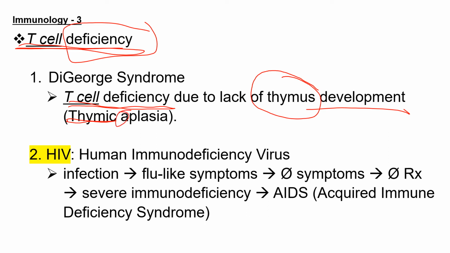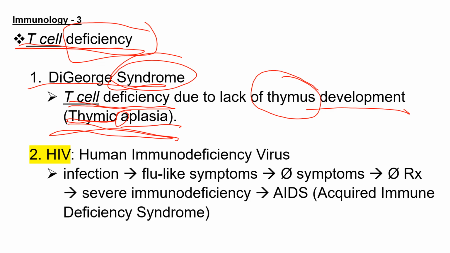If there is aplasia, that means no formation of thymus, or hypoplasia of thymus, what happens is that the T cell development is lacking or absent. And when we have it due to thymic aplasia, we call that syndrome DiGeorge syndrome, absence of T cell development, T cell deficiency. All right.